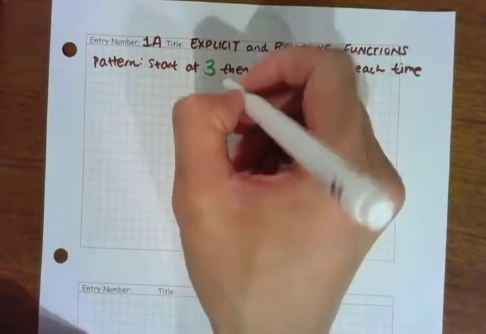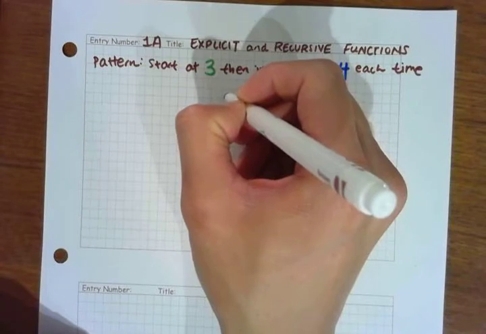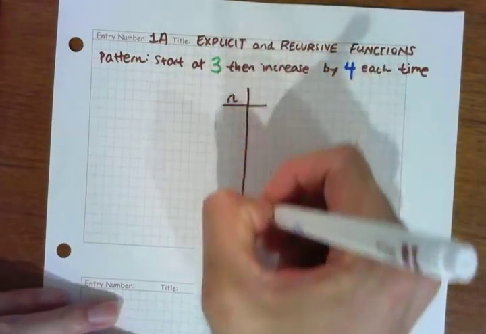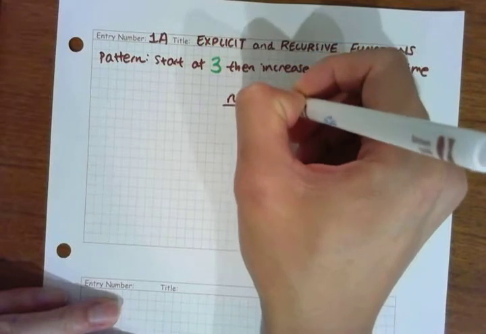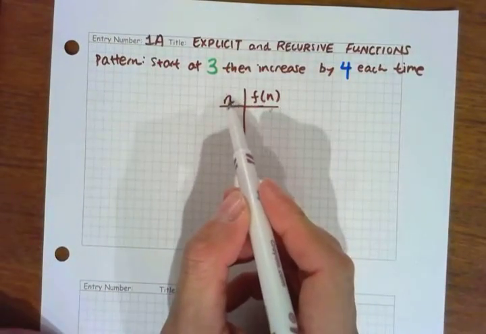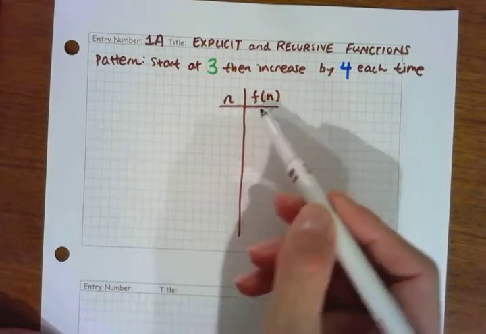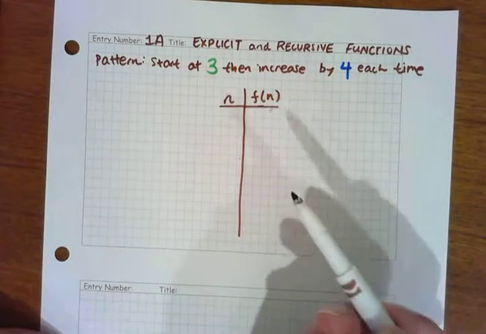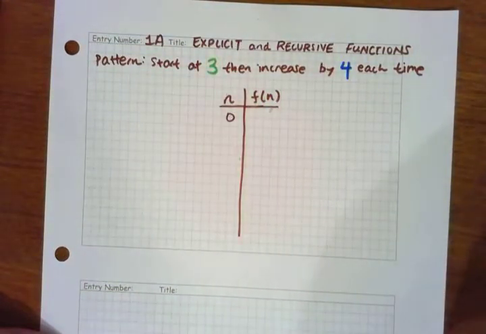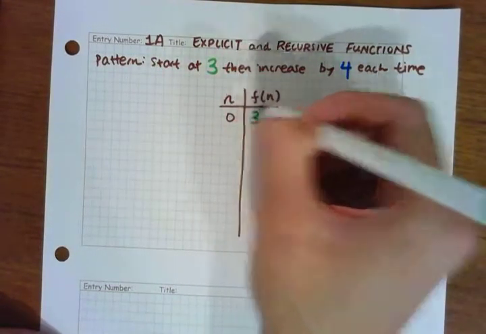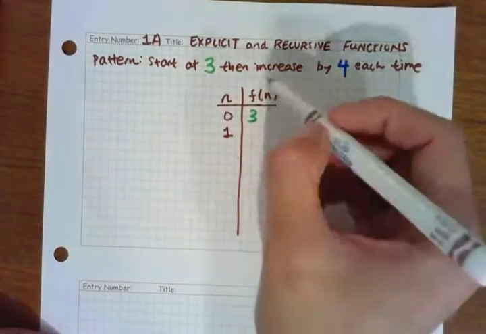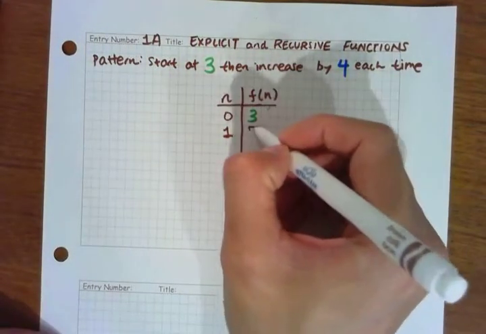So if we put that into a table, you can think of n as the term number, or the input, and then f of n is our function, or the output. So at 0, we started at 3, and then the first term will increase by 4, so we'll get 7.